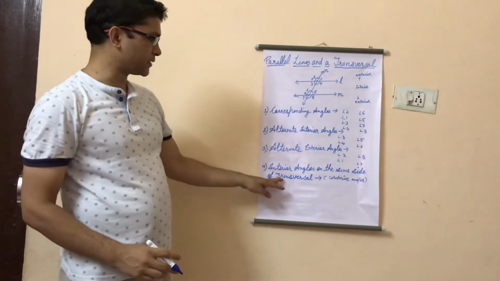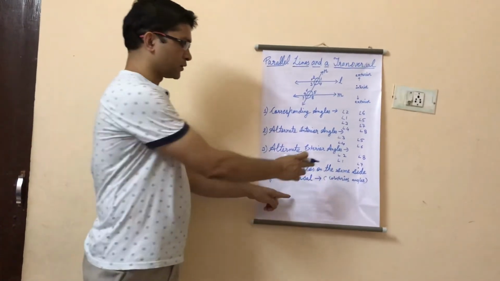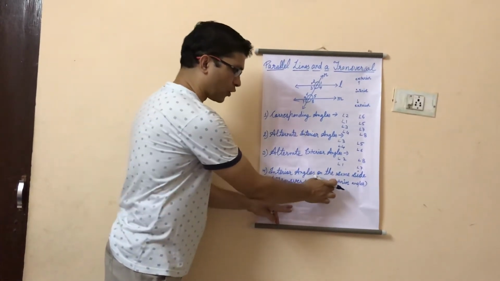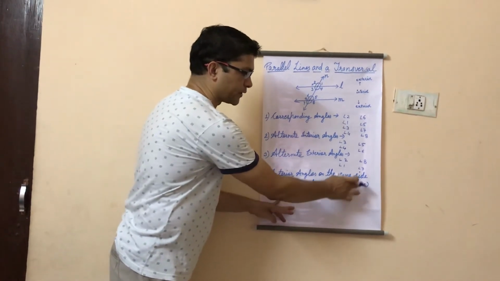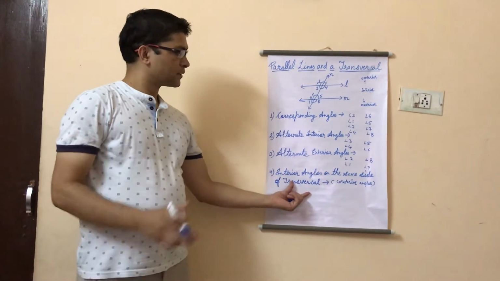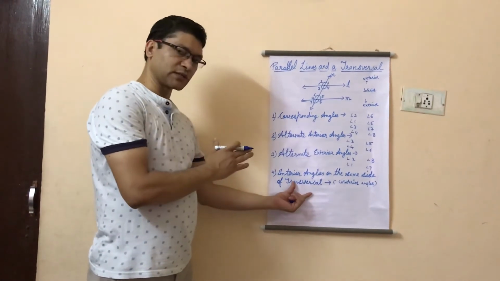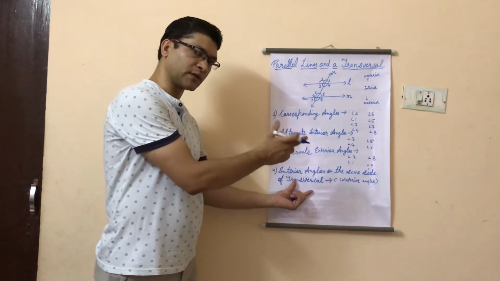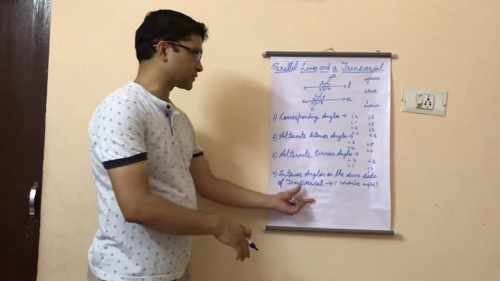Then the next category is interior angles on the same side of the transversal, also called co-interior angles. These angles lie on the same side of the transversal and they both have to be interior angles.